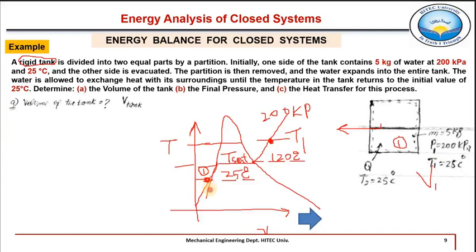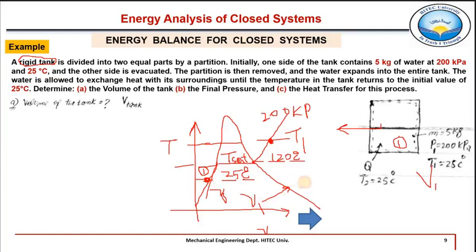For the liquid region, how do we find V1? What is our assumption, which we have learned in chapter 3?